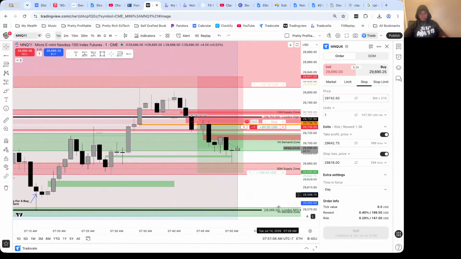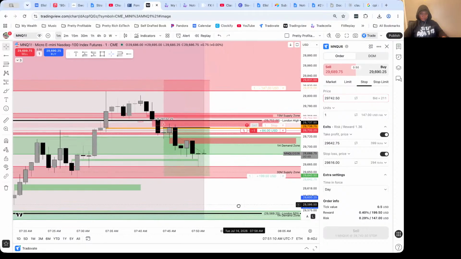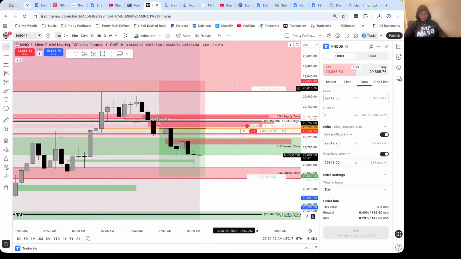So let's see though. All right, trailing the stop, so I'm bringing the stop down to this candle that gave me confirmation or comfort to enter. Should see it play out.